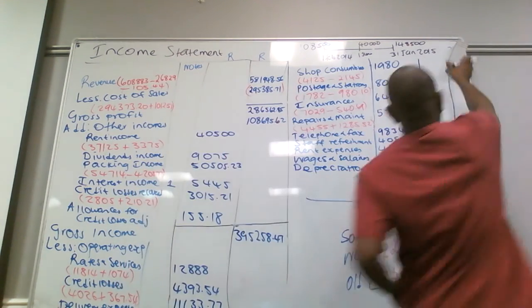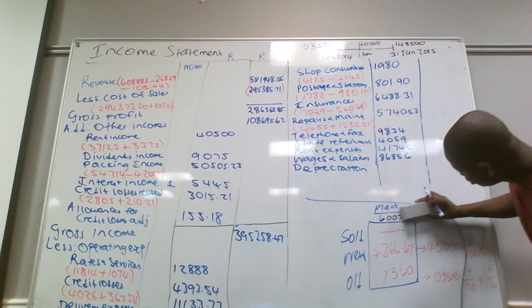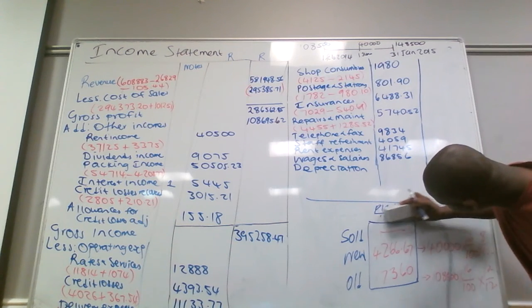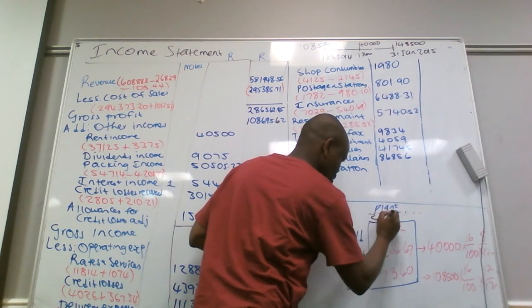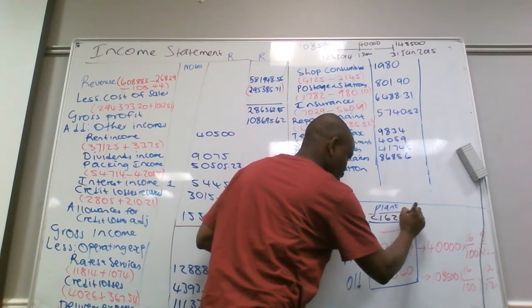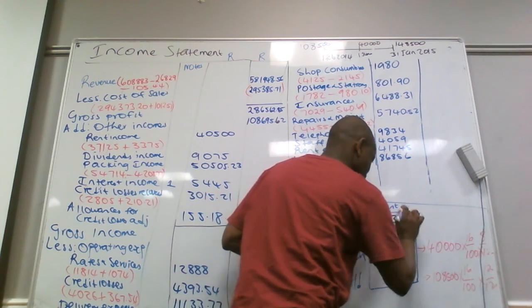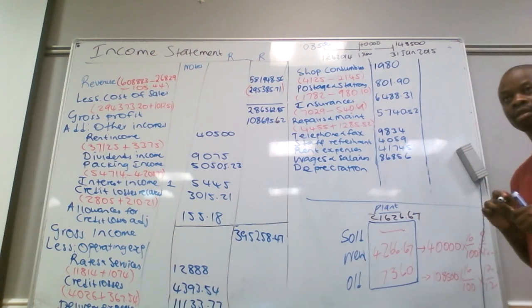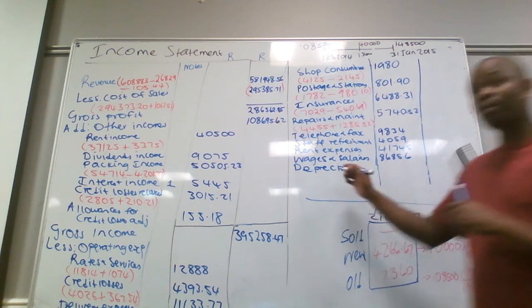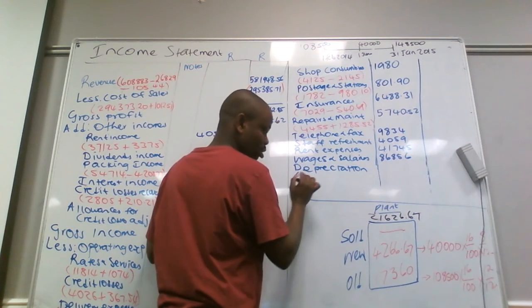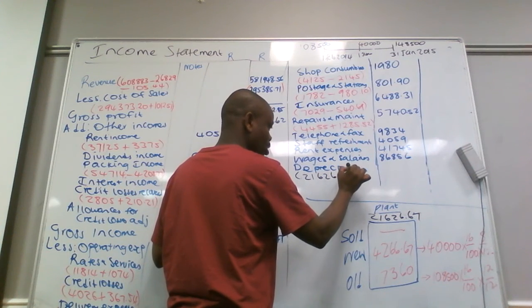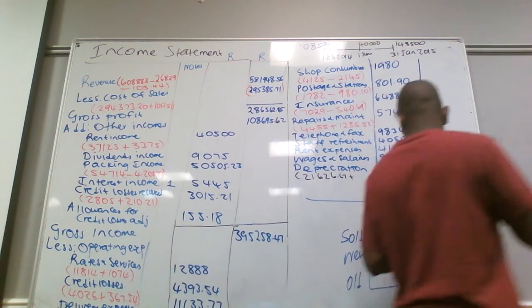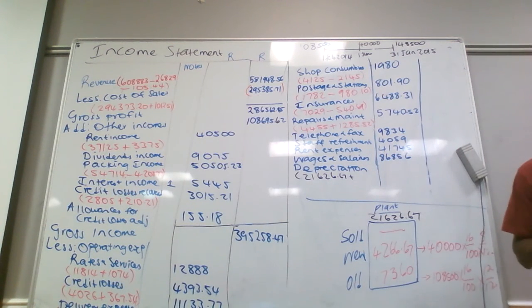Okay, where's that? 21,626.67. Double check, please. Yes. And then I'll put it here for now. 21,626.67. And I'll wait for the other asset, remember?